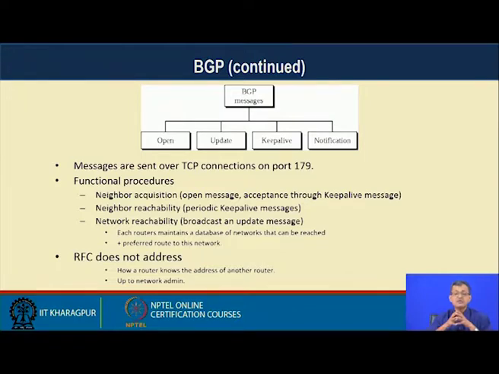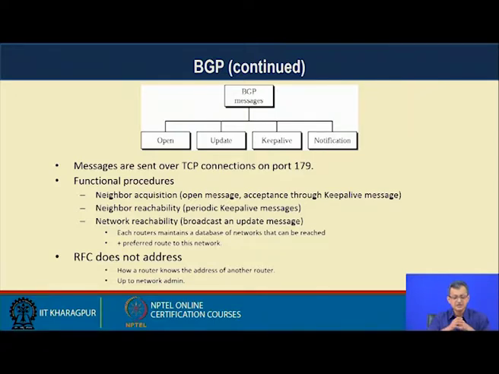So, using these four categories of messages, the BGP protocol updates the routing table to find the paths, right.